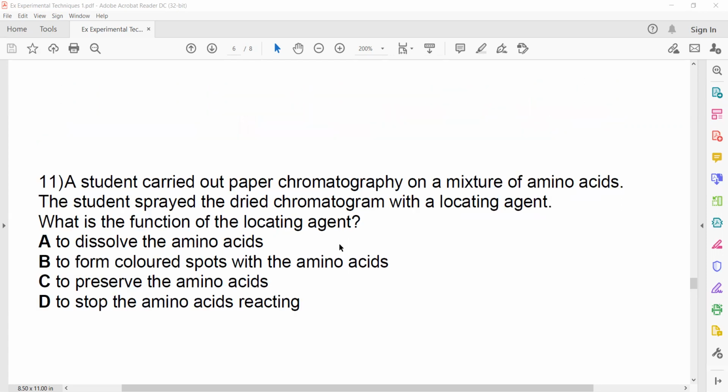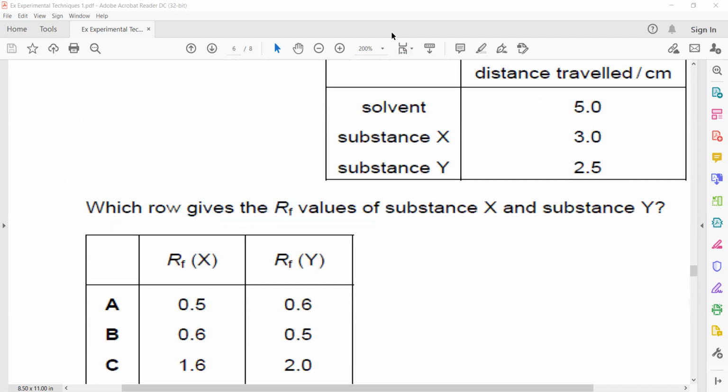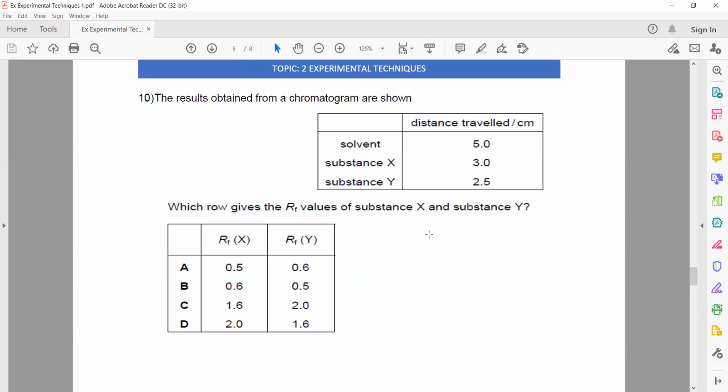Abdullah Sarfraz, if you read the question, it asks for the RF value for X. So what is the RF value of X? The distance moved by X is 3, and the distance moved by the solvent is 5. So 3 divided by 5 is 0.6. And for substance Y, what is the RF value?